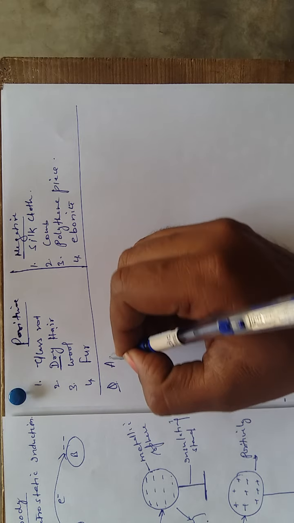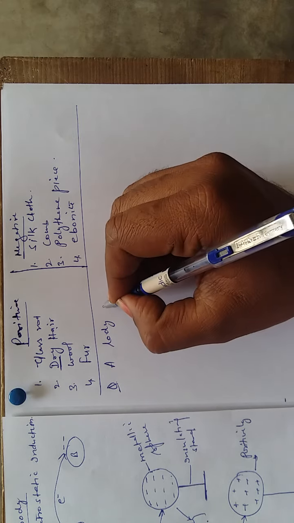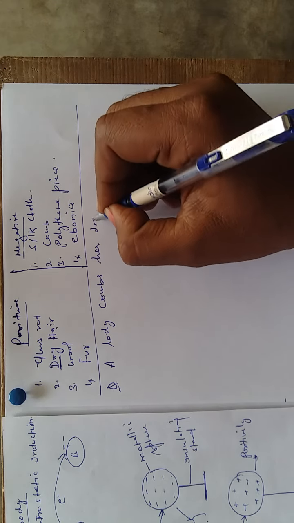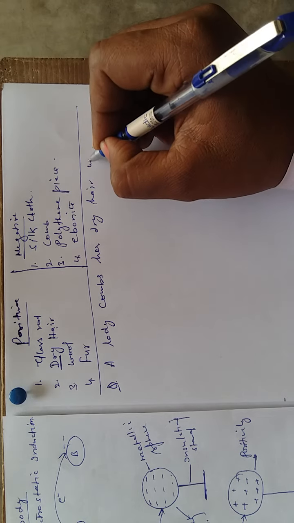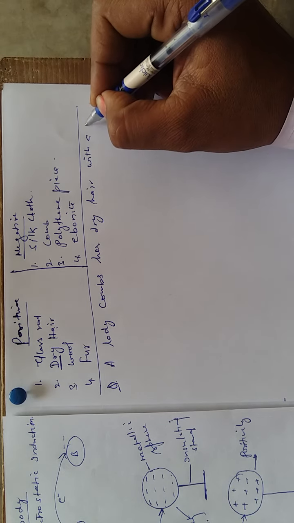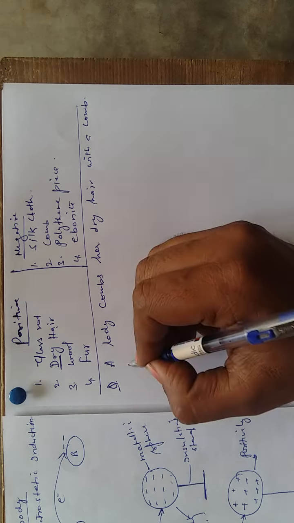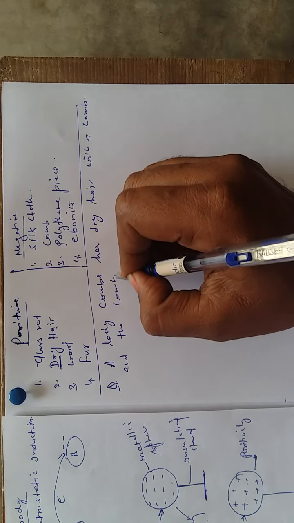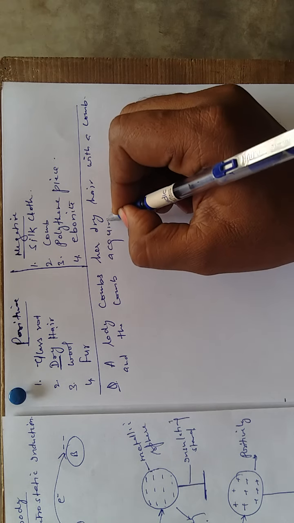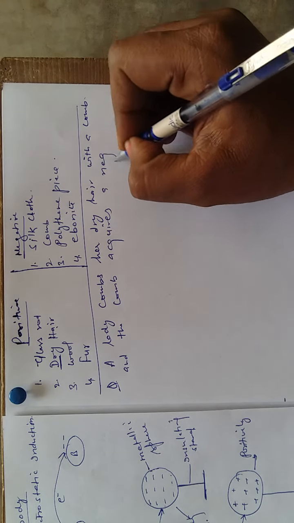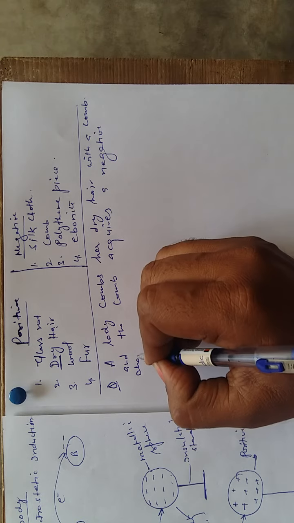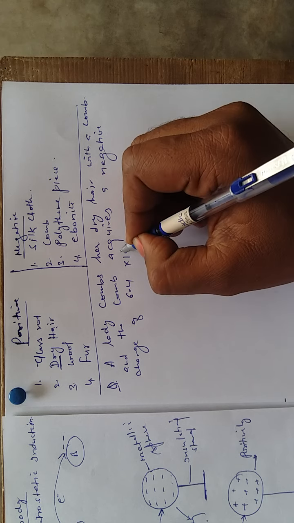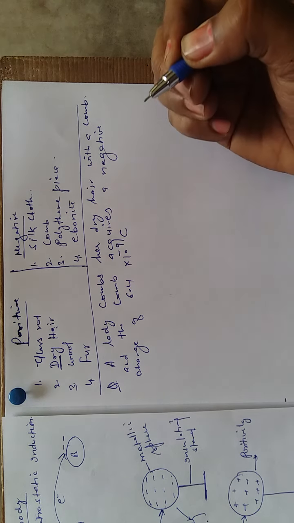Suppose a lady combs her dry hair with a comb, and the comb acquires a negative charge of 6.4 into 10 to the power minus 9 coulomb, right?